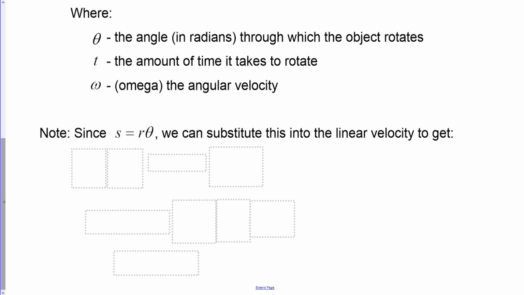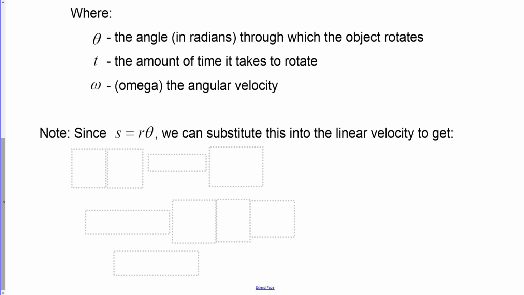Now, s is arc length. We learned that arc length is equal to the radius of a circle times the angle measure that's intercepted by that arc. So arc length is s equals r times theta, which we learned in an earlier section.